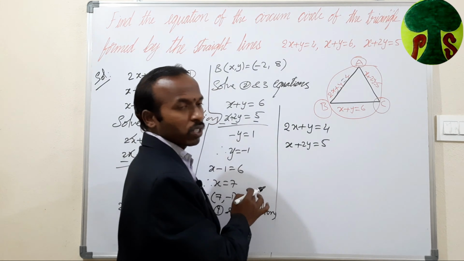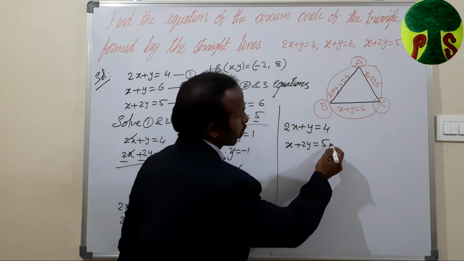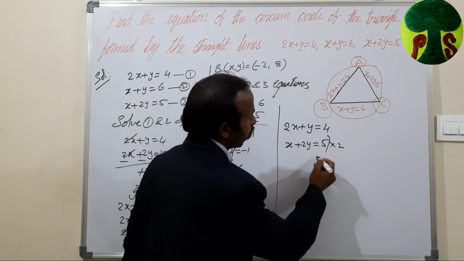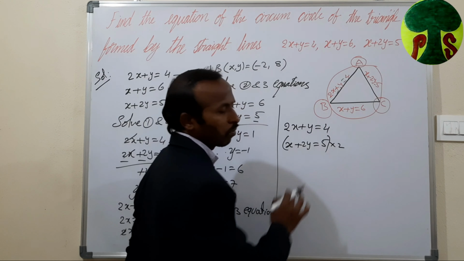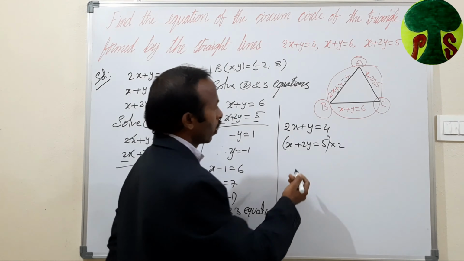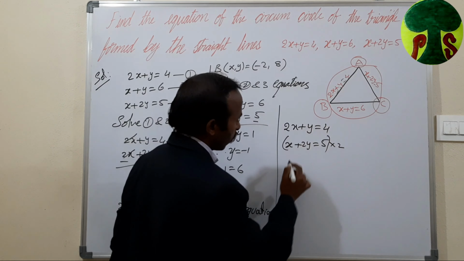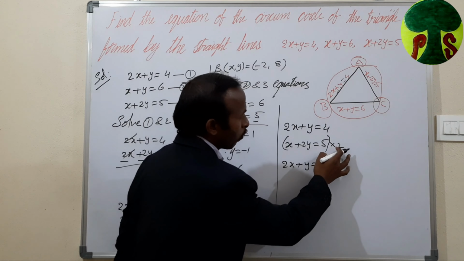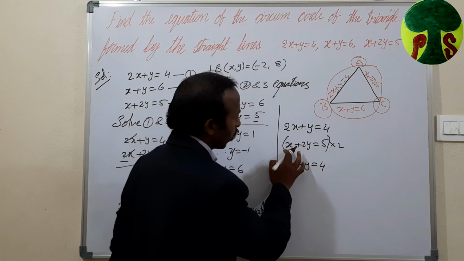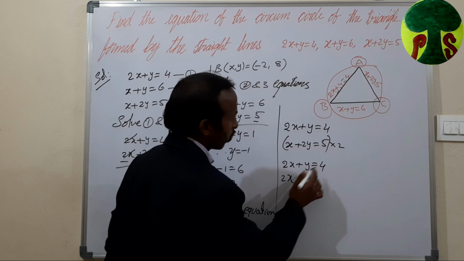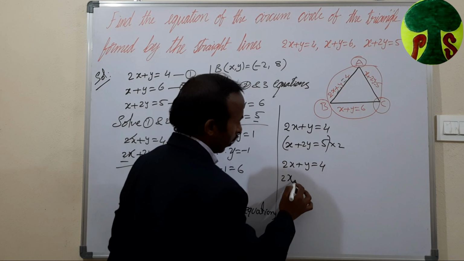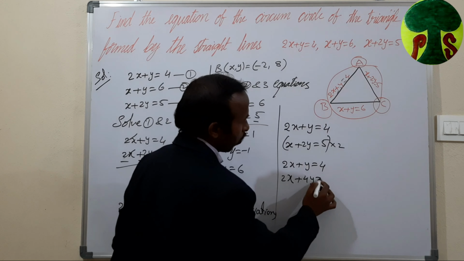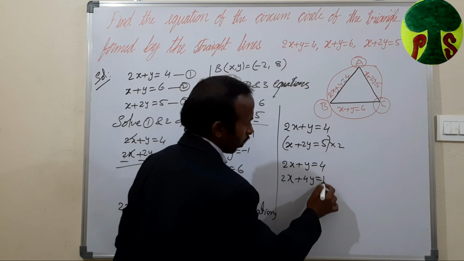To make them equal, we have to multiply the third equation with 2, the total equation. So I am writing the first equation as is, 2x plus y equal to 4. After multiplication with 2: 2 into x is 2x, 2 into 2y is 4y, 2 fives are 10.